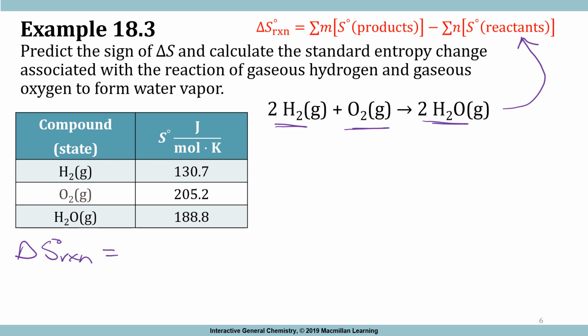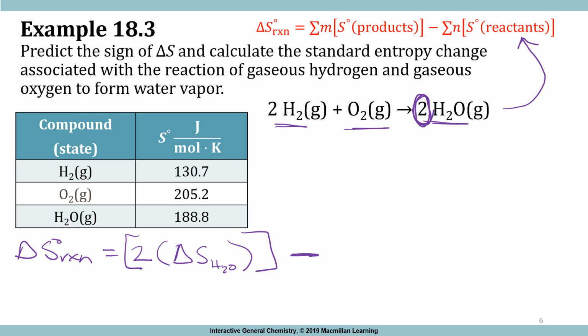Since I only have one product, I don't really need to take a sum, so I'm going to put everything in the products in a bracket. But remember that it's important that the coefficients out front are included. So I need a 2 out front, and then I multiply it by the delta S of H2O. Since I only have one product, it's just that number.